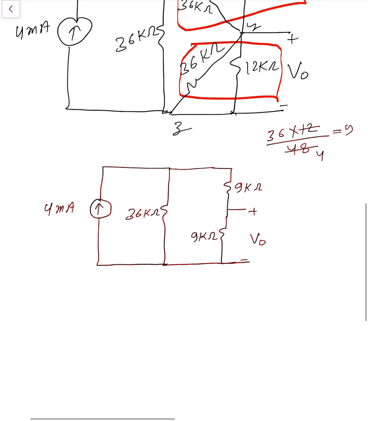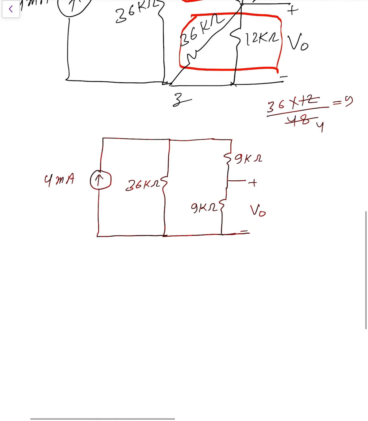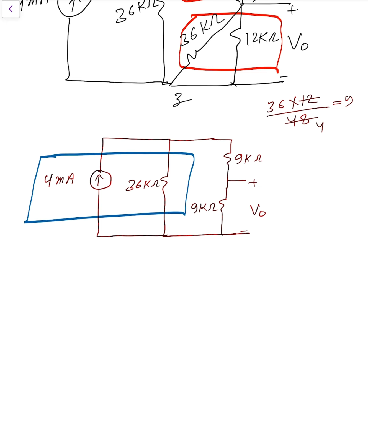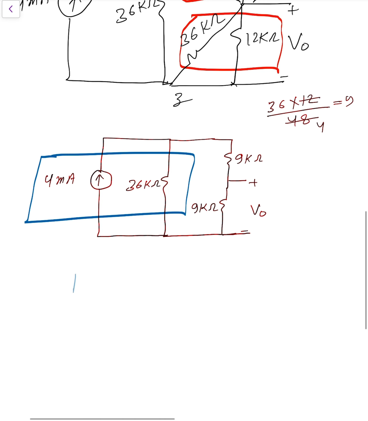Now, with the help of the current division rule, you can determine the current in this branch. Otherwise, you can apply the voltage divider rule also. Or you can first convert these two with the help of source transformation.